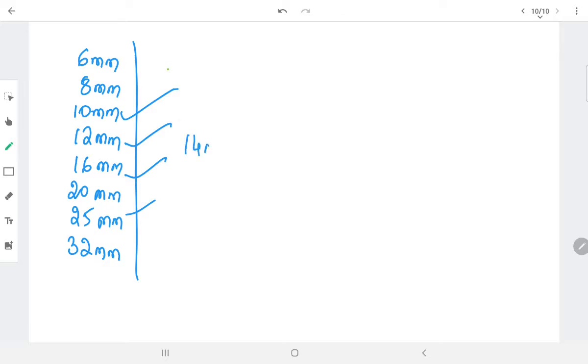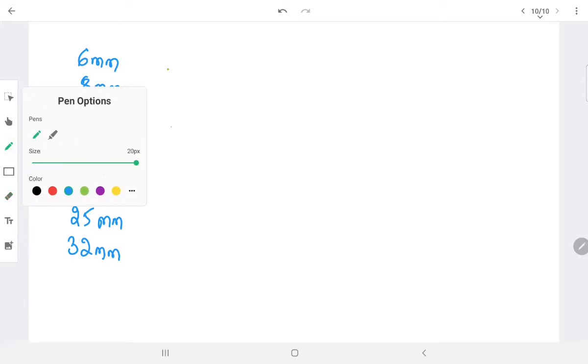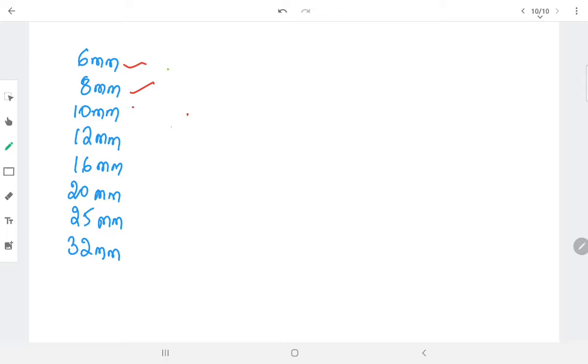If you take 14 mm or 15 mm diameter bars in the calculation, I may not get them. So you need to keep in mind what diameters of bars are available in the market. I'll repeat once again: 6 mm, 8 mm, 10, 12, 16, 20, 25, 32 mm. Whatever reinforcement you take must be within this list itself.